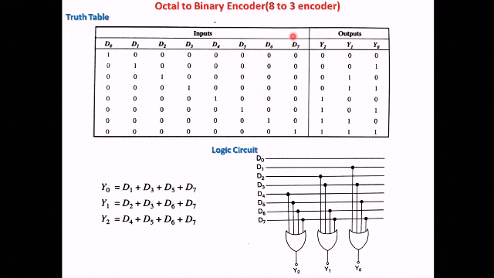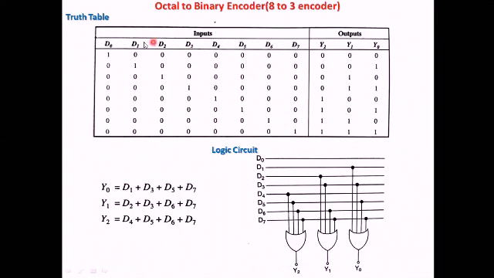Now, an octal to binary encoder performs the opposite function. It accepts 8 inputs and produces a 3-bit output code corresponding to the activated input. This is the truth table for the octal to binary encoder.